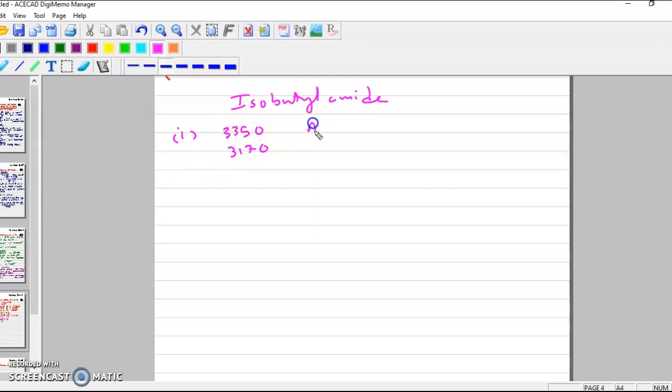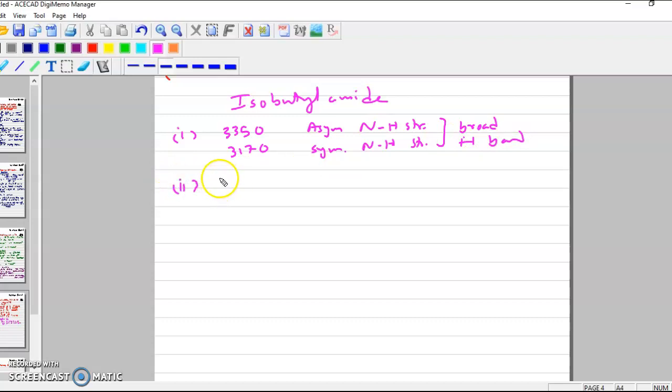Of these two, one is due to asymmetric NH stretching and another is due to symmetric NH stretching, and these two are doublets. And here you can see a broad band; if a broad band appears, it is because of hydrogen bond. So hydrogen bond is also present in this condition, we can say that.